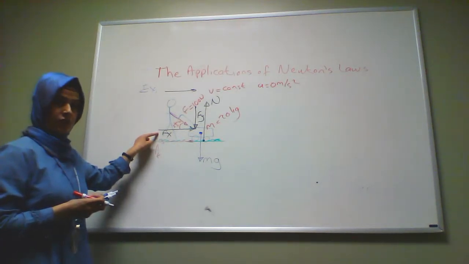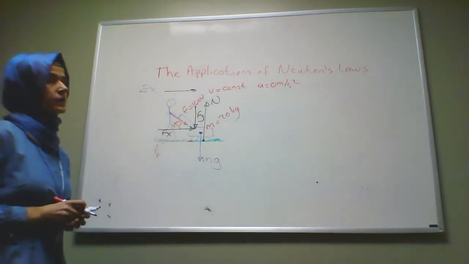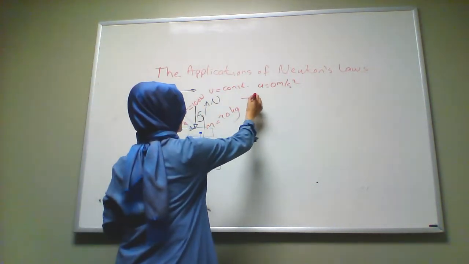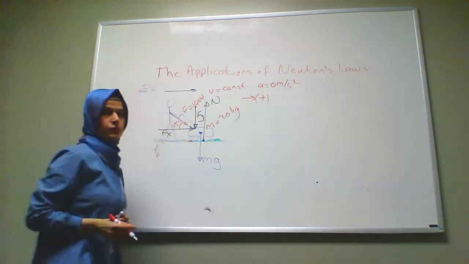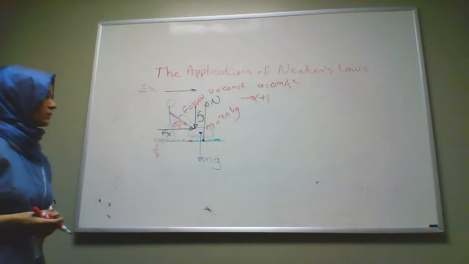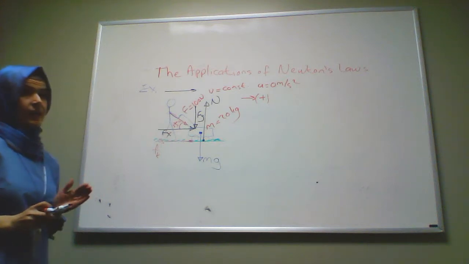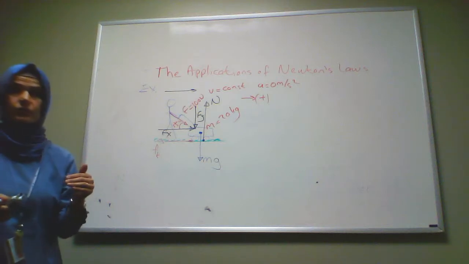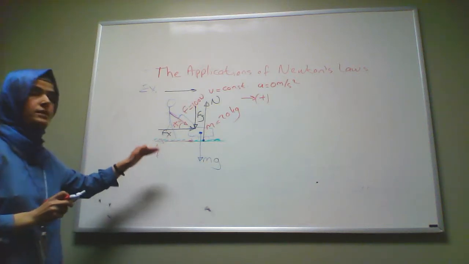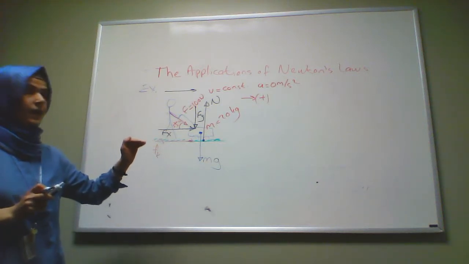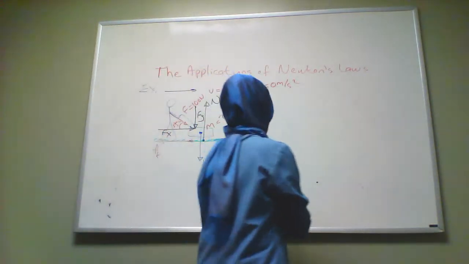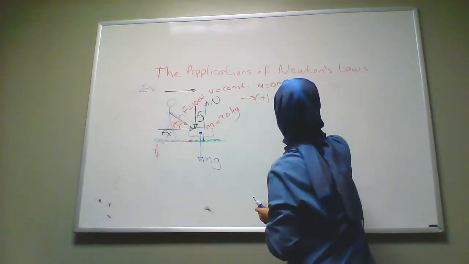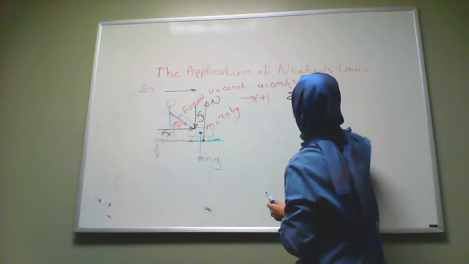They're in opposite direction. Let us choose our positive direction as well. Since the object is moving to the right, we choose it as the positive direction. Here, the total force, we were going to choose the direction of total force always positive, but the total force is 0 here. Why? Because we have equilibrium. Let me write that down too. I should have written that down at the beginning actually.